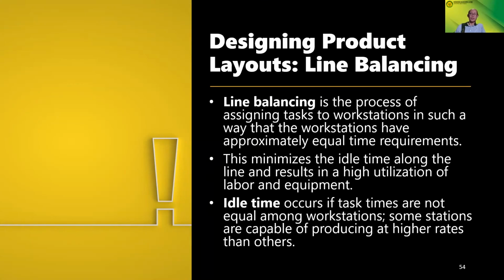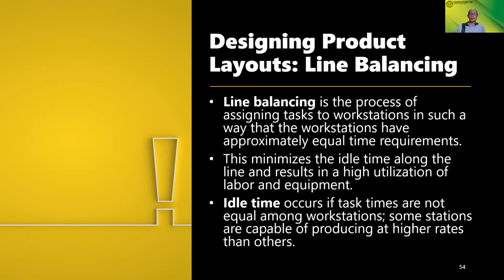The process of deciding how to assign tasks to workstations is referred to as line balancing. The goal of line balancing is to obtain task groupings that represent approximately equal time requirements. This minimizes the idle time along the line and results in a high utilization of labor and equipment.